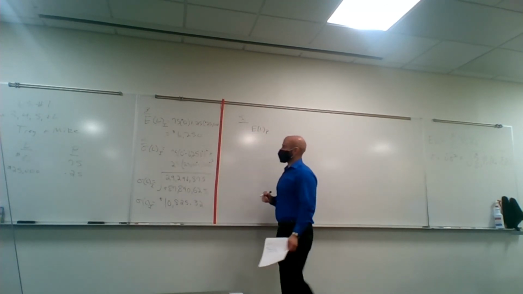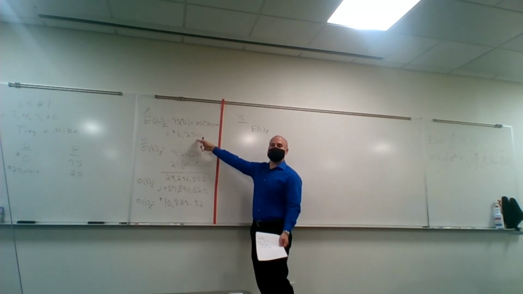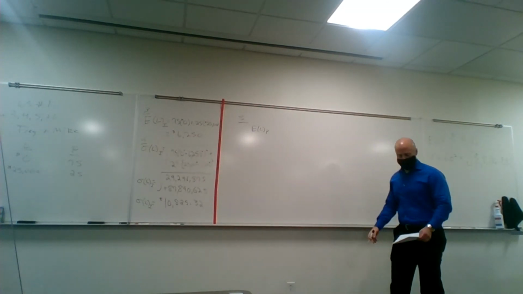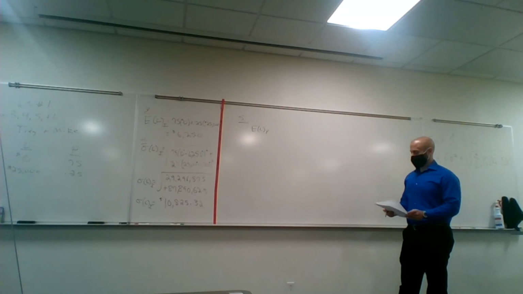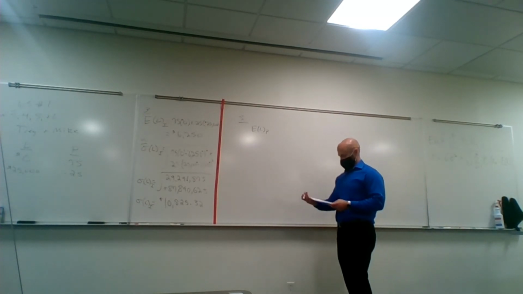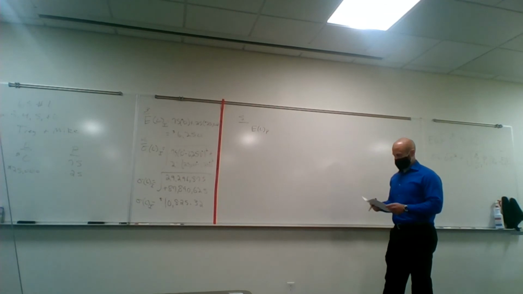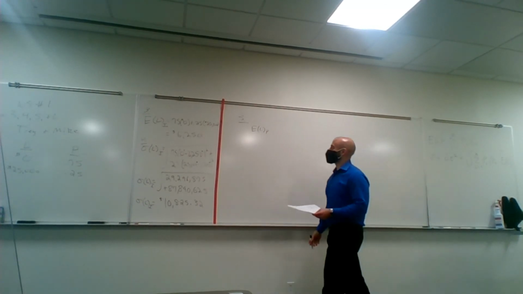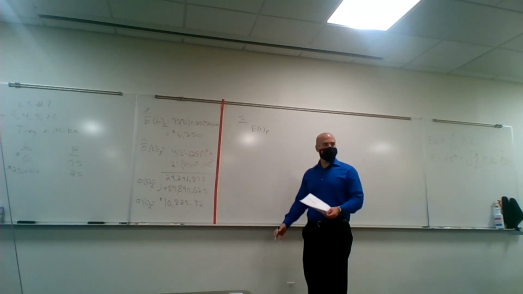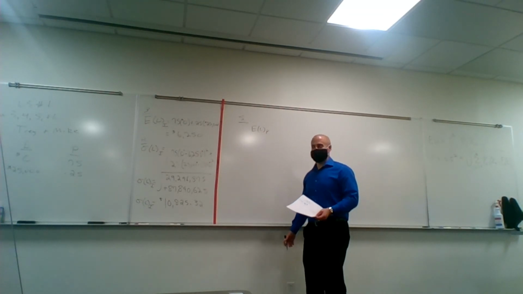We could just skip a step and say it's this multiplied by 2. That would be 12.5. But since this is practice and we want to work through this, we first need our new pool, our new distribution.